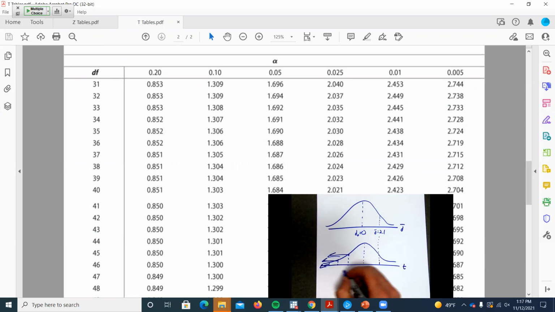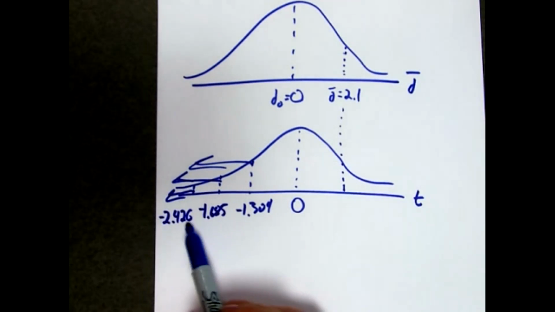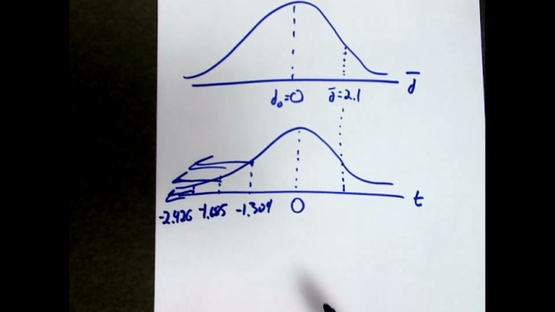So negative 1.304, negative 0.05 would be what? Negative 1.685. And I'll blow this up in a second. And negative 2.426. Okay. So I could find those critical values.